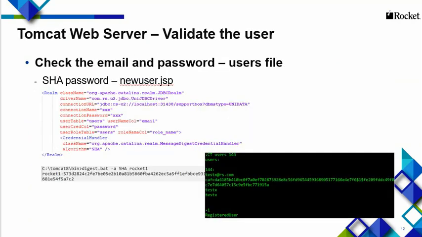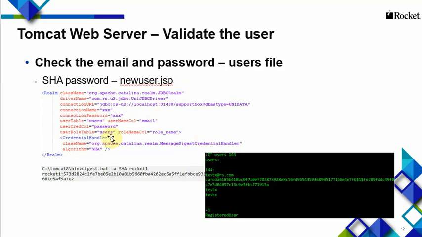So how do they validate your SHA password? Basically, in the new user JSP, you will see here a specification called SHA password algorithm. Then you are looking for the table.